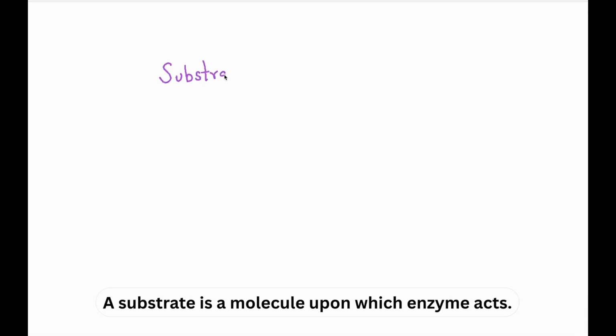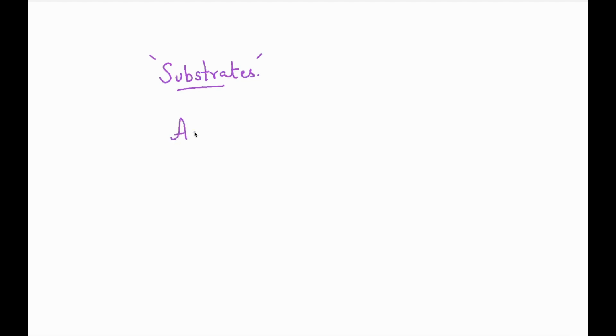All the enzymes are highly specific to their substrates. All enzymes contain what is known as an active site, and it is at the active site of an enzyme into which a specific substrate can come and bind. This is analogous to a lock and a key.